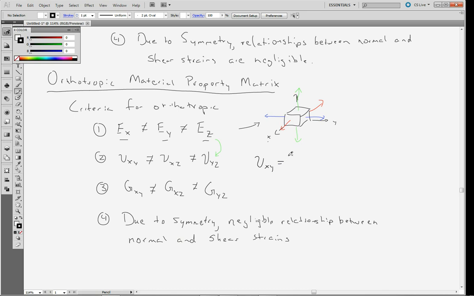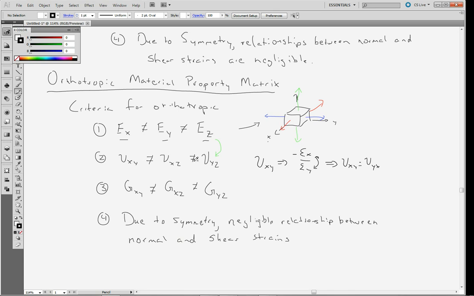Well, it relates to the relationship between the strain in X and the strain in Y. And what we're not saying here is that strain in X and strain in Y are no longer related. We can say that nu XY is still equal to nu YX, or that we can flip these two around and still end up with relatively the same ratio, just flipped in the other direction. So those things still exist.